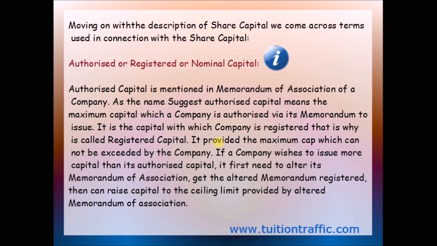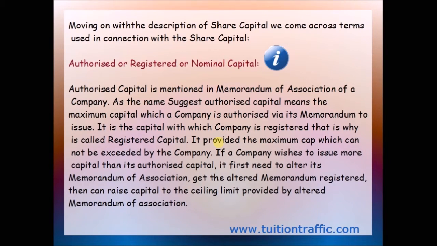Now what is authorized capital? As the name suggests, authorized capital is the capital which a company is authorized to issue via its memorandum of association. Now you must be wondering, what is memorandum of association? Memorandum of association is the charter of the company.